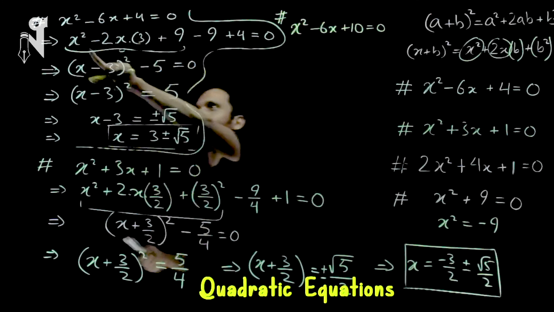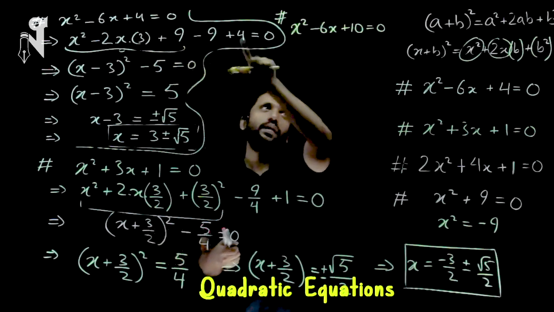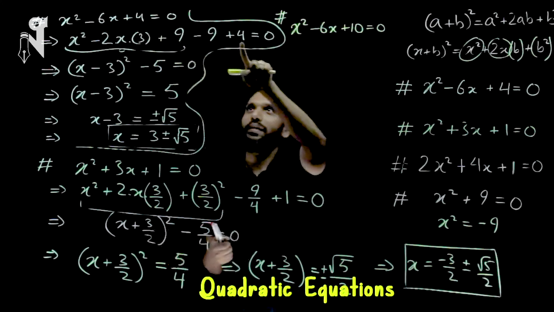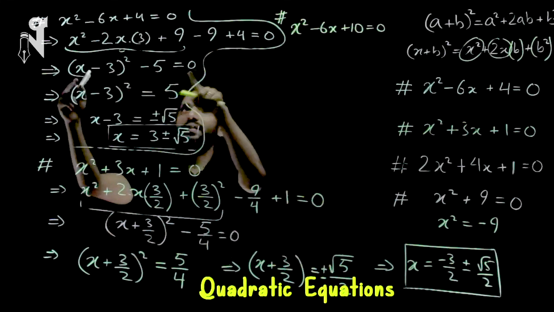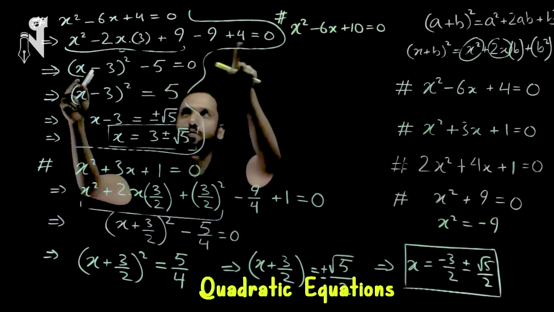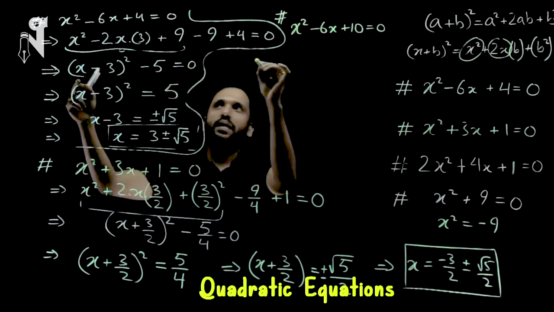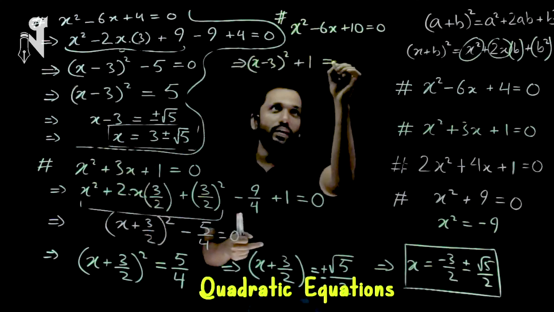And what will you get? You'll get x square minus 2 into x into 3 plus 9 minus 9. And instead of 4, you'll write a 10. So minus 9 plus 10. So what will you get? I'll straight away write this line. Minus 9 plus 4 gave you minus 5. Minus 9 plus 10 will give you a plus 1. So this would be x minus 3 whole square plus 1 equal to 0.